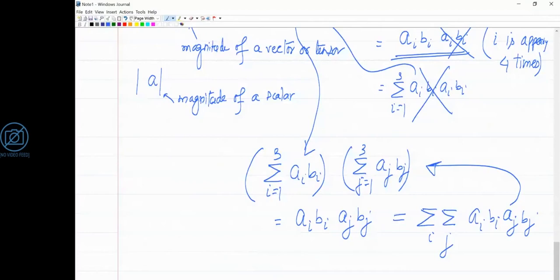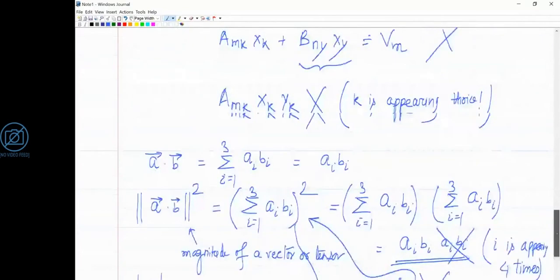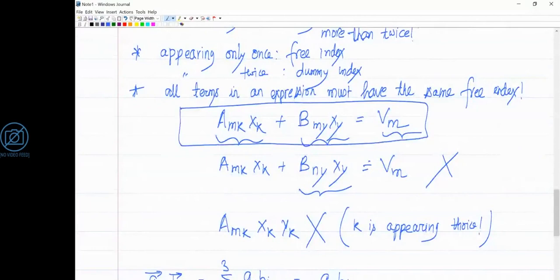Excuse me, sir, does a free index have to appear in each term? Means, is it compulsory? Please say again. The free index, will it appear in each of the terms of an expression? Well, that's a very good question. Right now, when we wrote this thing over here, you can see that this free index is appearing in each of the terms.